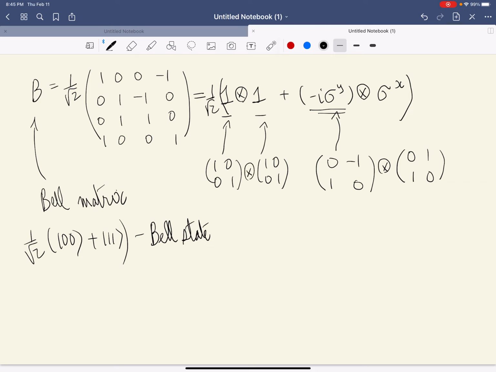If you take the tensor product of this, this is just a big 4 by 4 unit matrix.